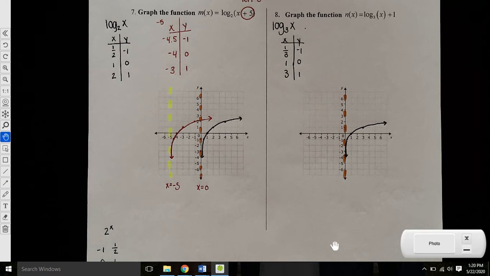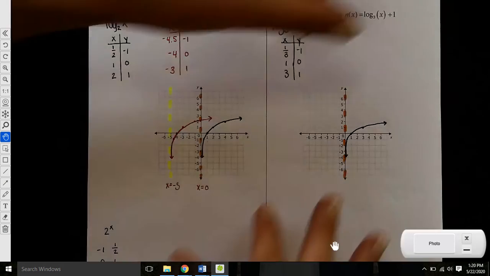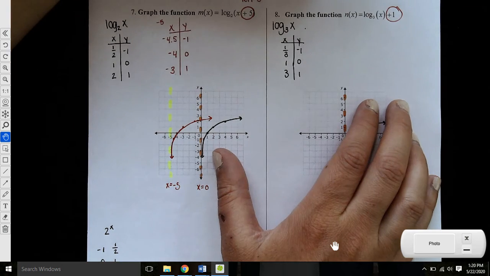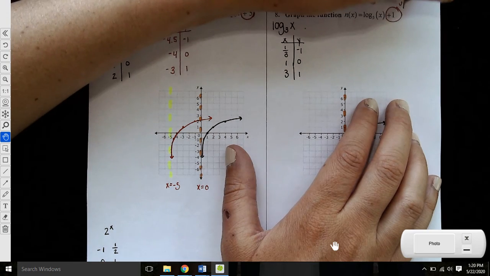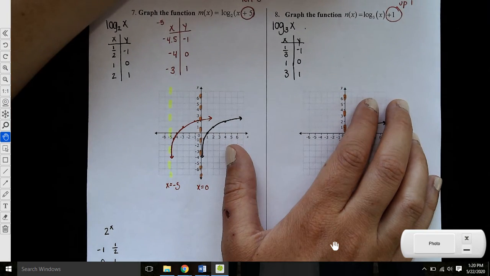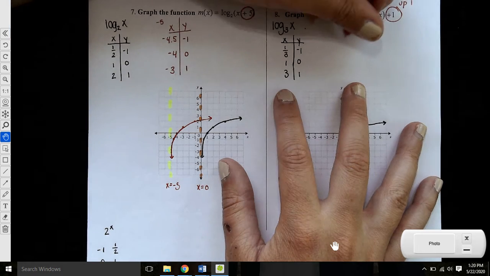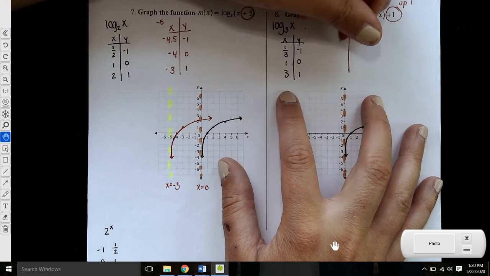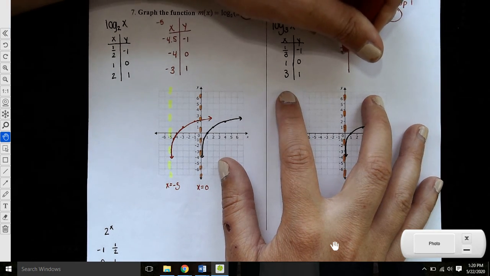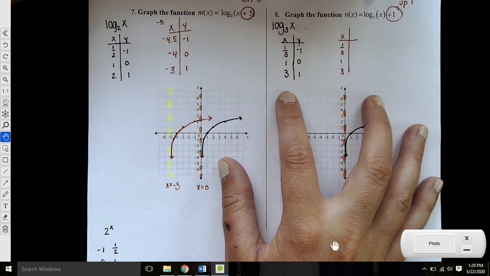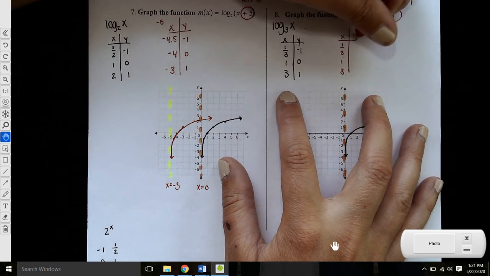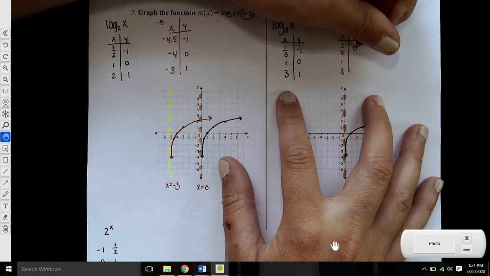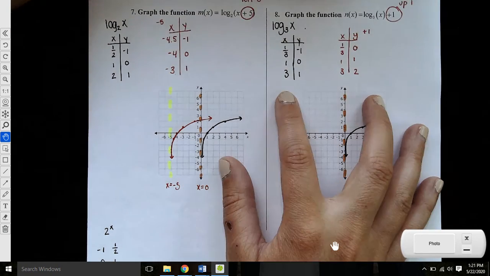So for my next one, I've got plus 1 on the outside. So on the outside, that means it's moving up 1. So my x's are going to stay the same. And my y's are going to add 1 to them. So this is going to be 0, 1, 2.